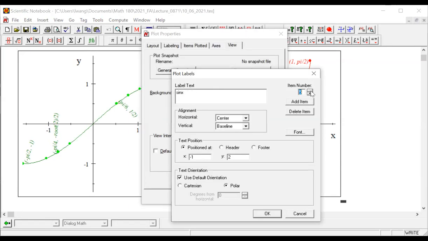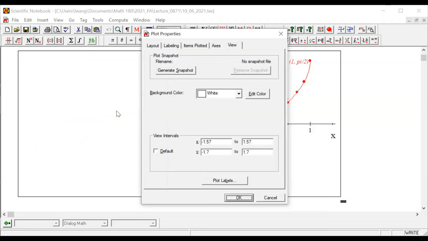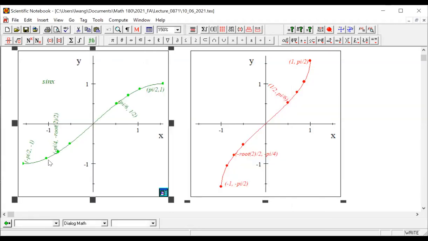All right. Any questions? So as you said, this green curve is sine, the restricted sine or the one-to-one version of sine. I want you guys to mark these points. I trust you guys have done that.